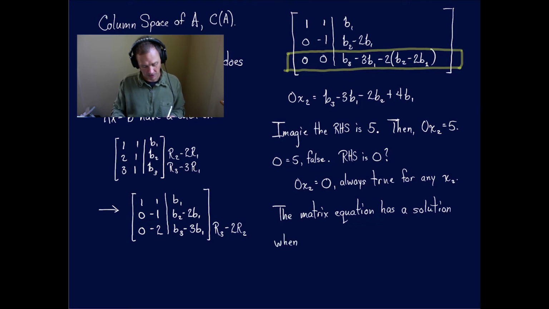I have a B3. And then we have minus 3b1 plus 4b1. So that's going to be plus b1 minus 2b2 equals 0. That's the only time that we have a solution to this problem.